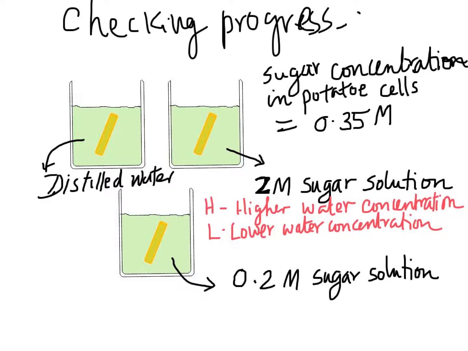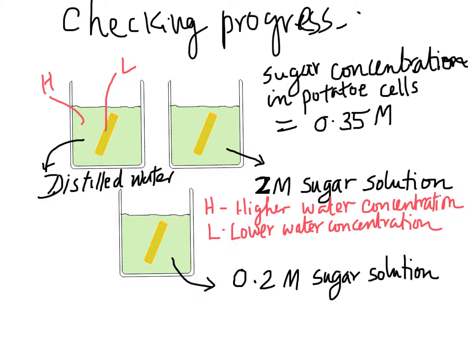So if you think about this, let's have a look at the first diagram over here. You have a higher concentration of water over here. I'm going to say H to represent higher concentration of water, and L to represent lower concentration of water. So inside the potato cells you have lower concentration of water. How am I able to say that?